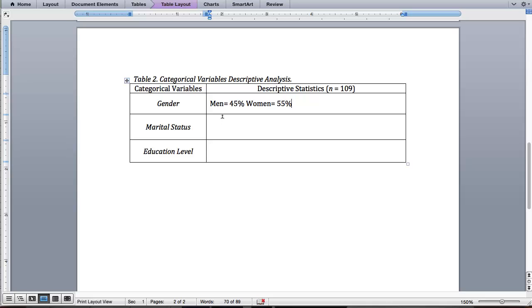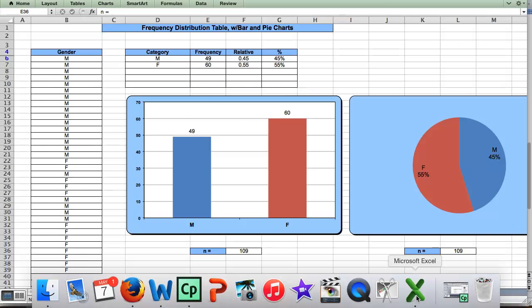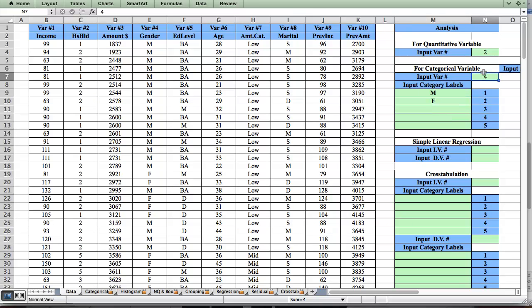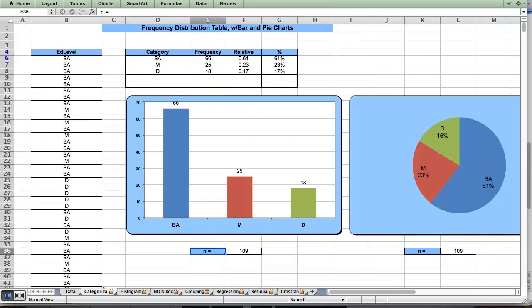So the frequency distribution is what we're after for a categorical variable, and we could very quickly obtain the frequency distributions using our Excel tool. BA, M, and D, our 3 categories of education level, and 61%, 23%, and 17% respectively is what we see.